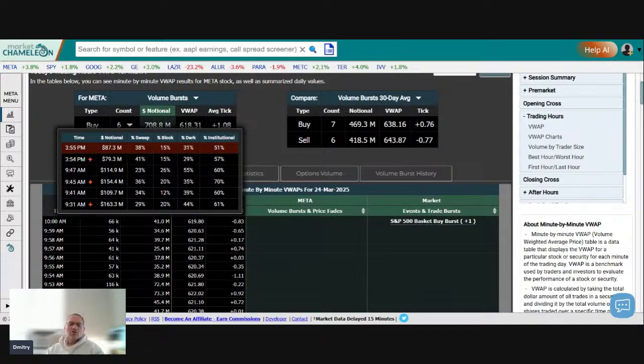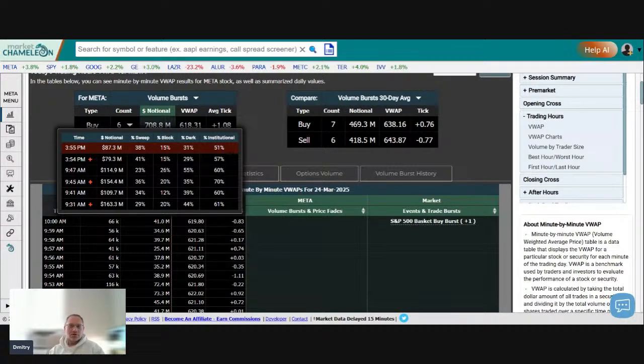The dark part of it is the execution. What percentage of that volume was executed on a dark venue, not on a lit exchange, not on NASDAQ or New York Stock Exchange, where the bids and offers are always displayed. A dark pool is a privately run ECN that can execute trades, and then after the trade is executed, they report it, but they don't show the bids and offers.